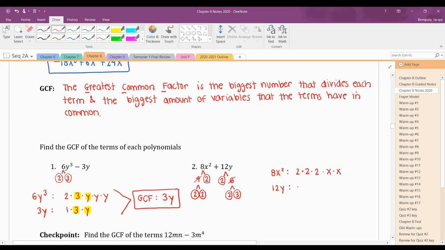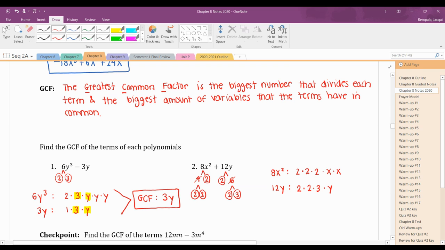So 12 is the same thing as 2 times 2 times 3. You can even verify that. If you actually multiply those 3 numbers, you should get 12. If you had put the 6 in there as well, if you multiplied them, you're not going to get 12. So that is how you verify that you are putting down the correct numbers. There's a y with this, so I'm going to put the y after.